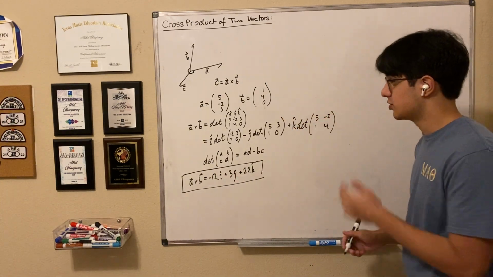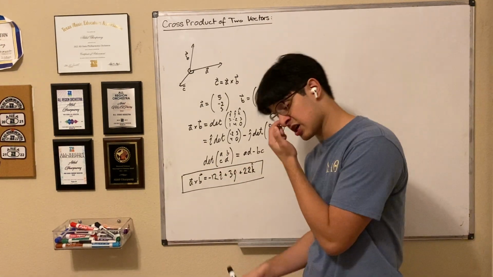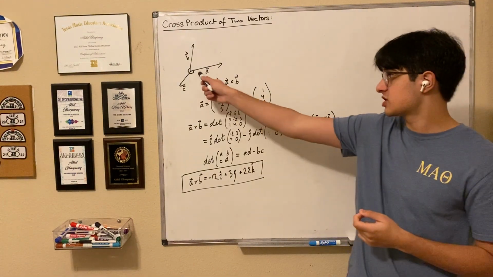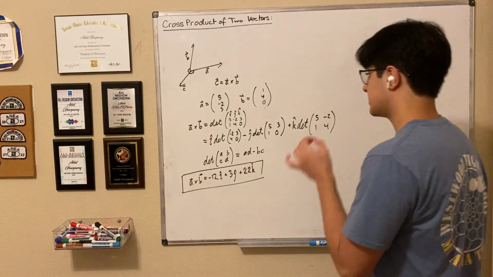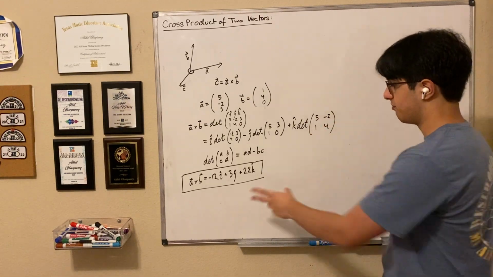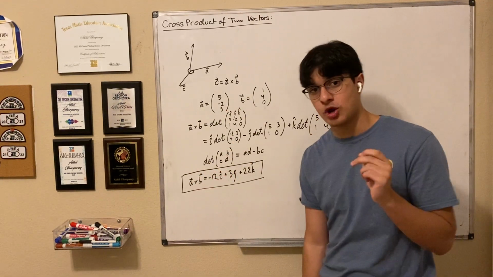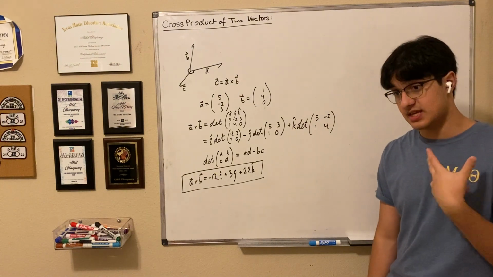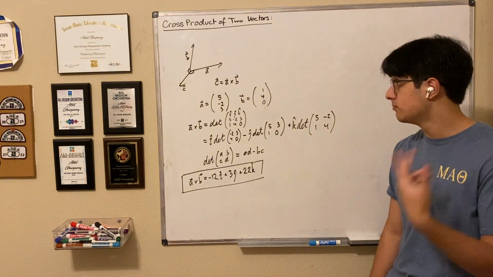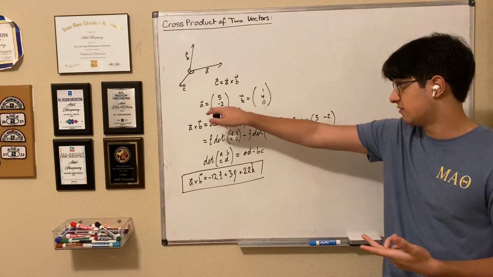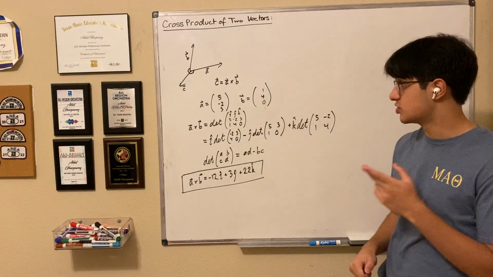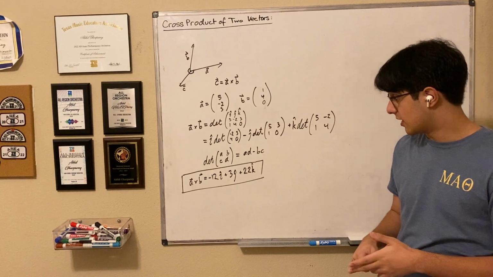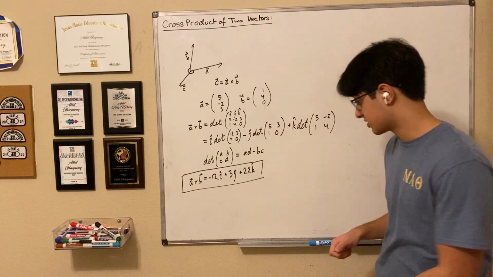Now what we can also do is check to make sure that this is the cross product, because the cross product is perpendicular to both A and B. So in other words, if we take the dot product of these vectors and we determine that the dot product is 0, that would mean that the cross product is correct.